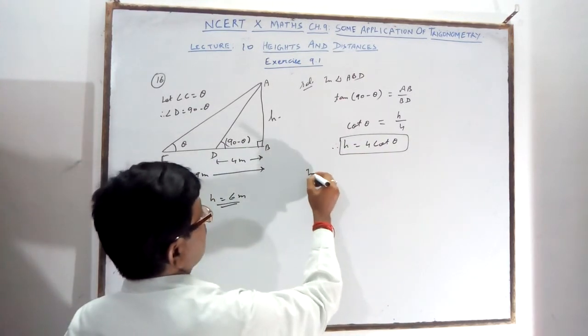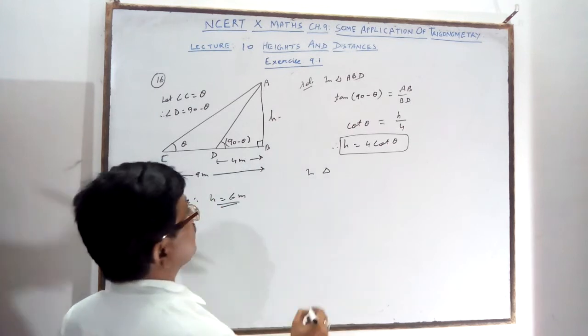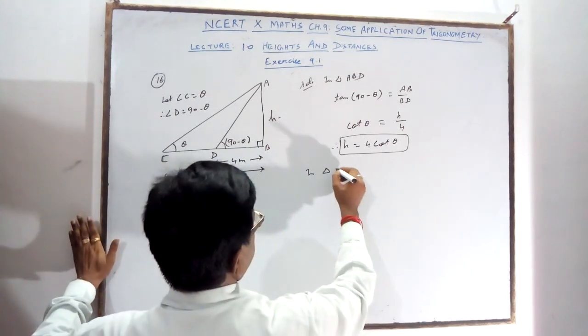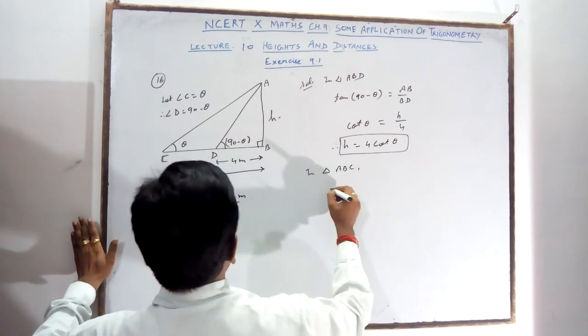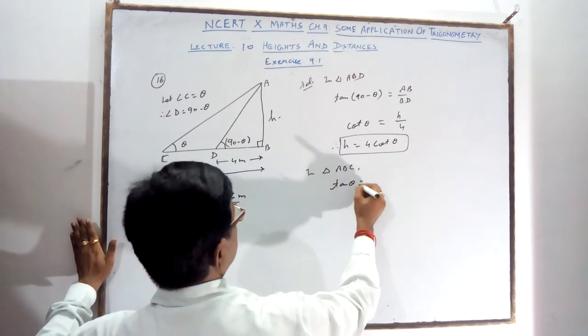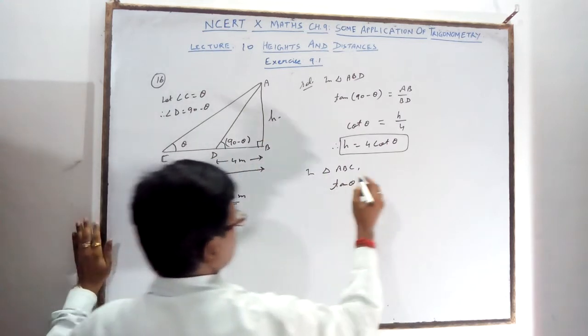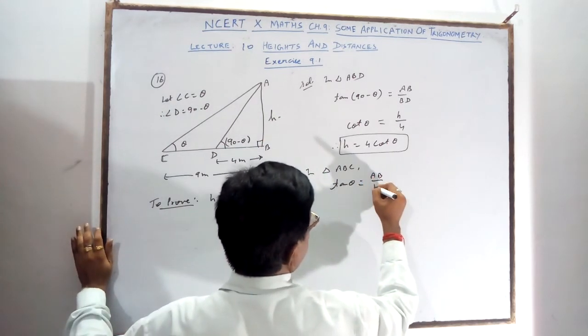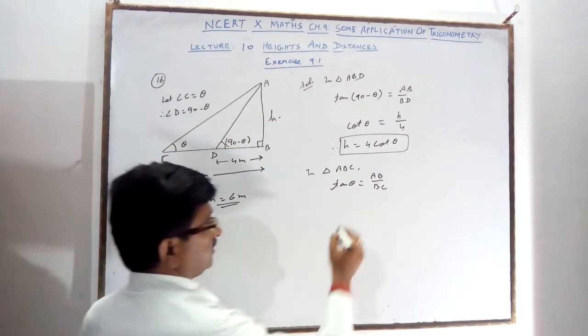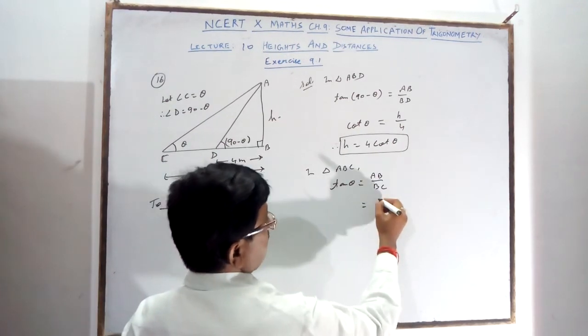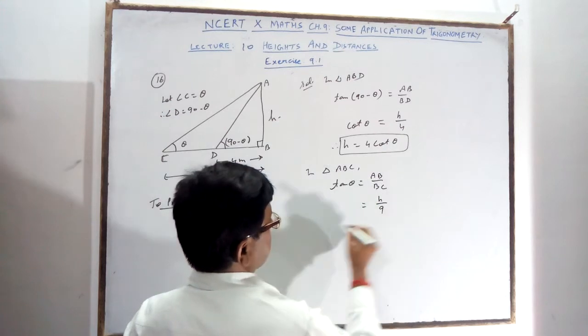In triangle ABC, tan theta is equal to AB upon BC. What is AB? AB is h and BC is 9.